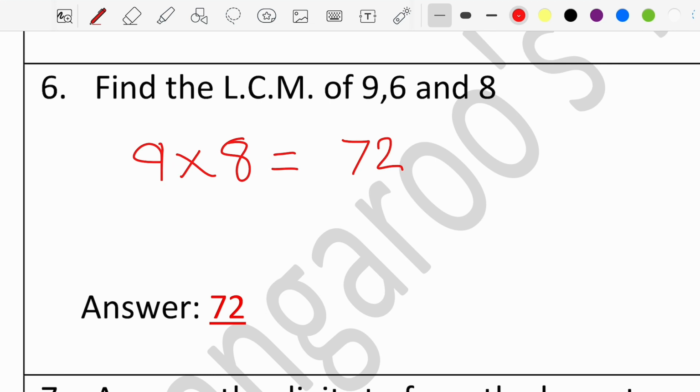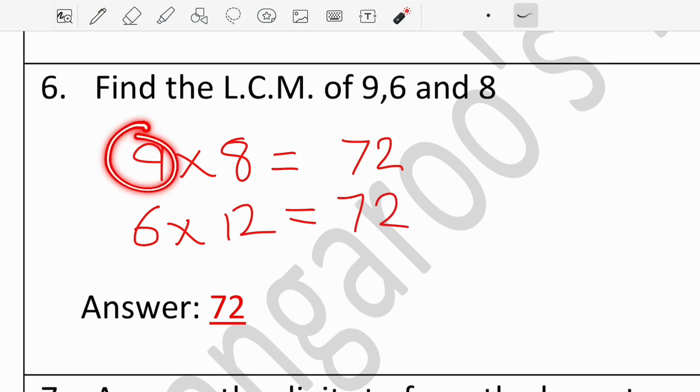And I also know that 6 can go into 72 because 12 can go into 72. Right? So six times 12 is 72. So that means that 9 can go into 72, 8 can go into 72, and 6 can go into 72.